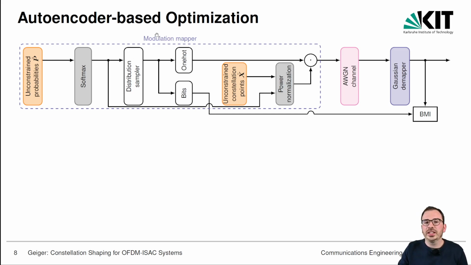So here in our modulation mapper, the probabilities and the constellation points are both implemented as trainable linear layers without a bias, and depending on what we want to optimize, those parameters are then considered as fixed or as trainable.